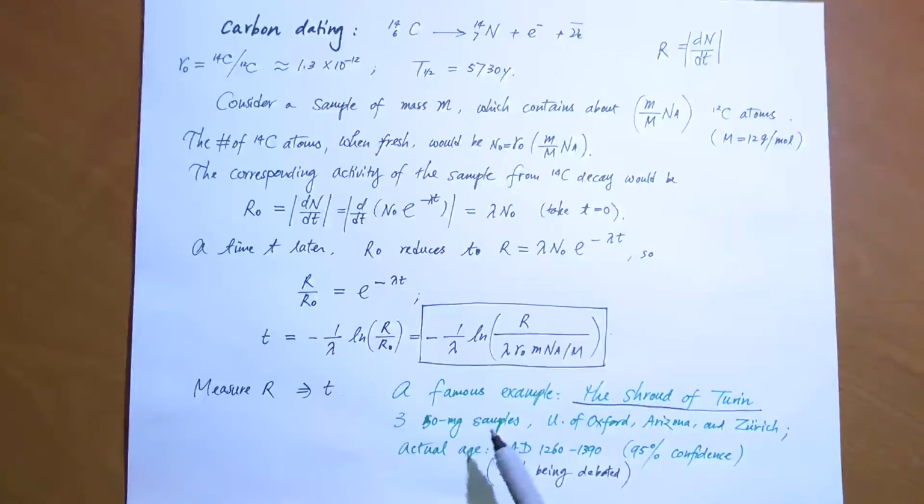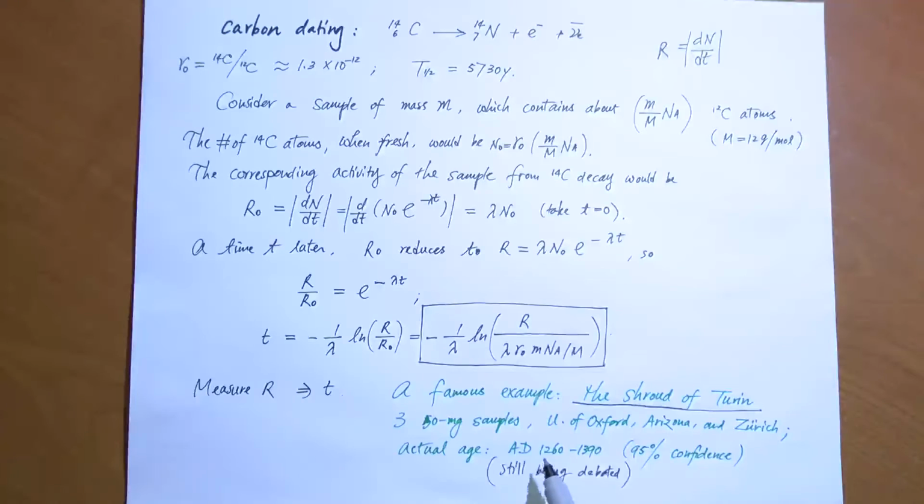And they each did a careful carbon-14 dating analysis. And what they found, pretty consistent results among 3 different labs, was that the actual age of this piece of linen was about AD 1260 to AD 1390 with 95% confidence.